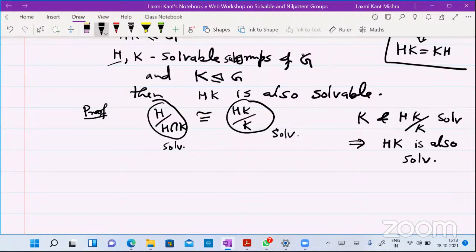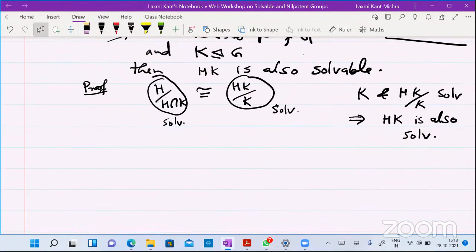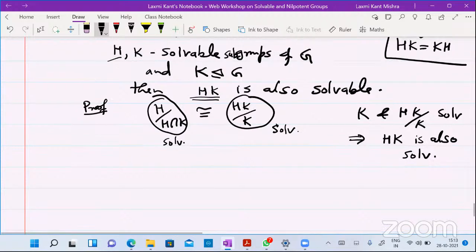Okay, so this is the result: if H and K are both soluble subgroups, and K is normal in G, then HK becomes soluble. But in general this is not true, even if HK is equal to KH. You can see its example.